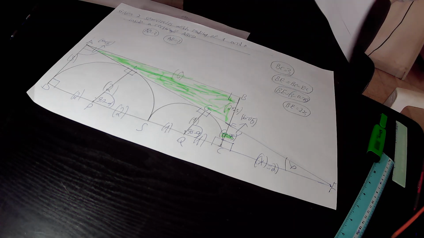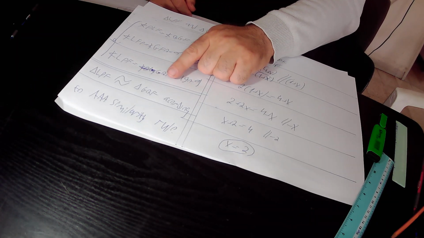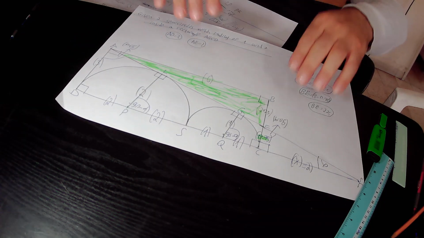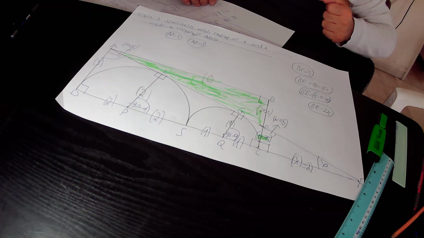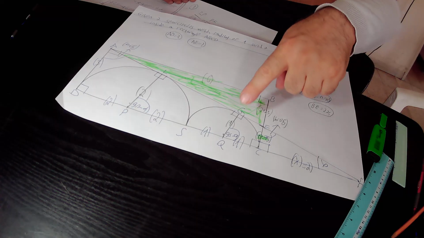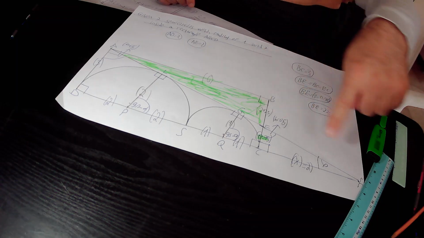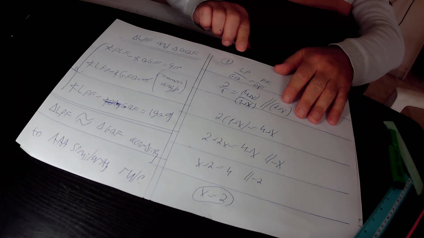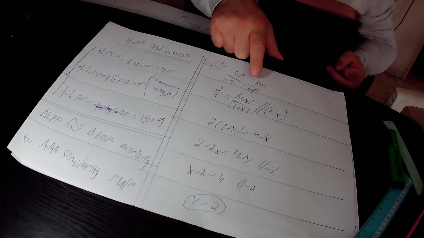From the fact that those two triangles are similar, we derive that the following relationship exists between their sides: side LP in the big triangle over side GQ in the small triangle equals side PF in the big triangle over side QF in the small triangle.